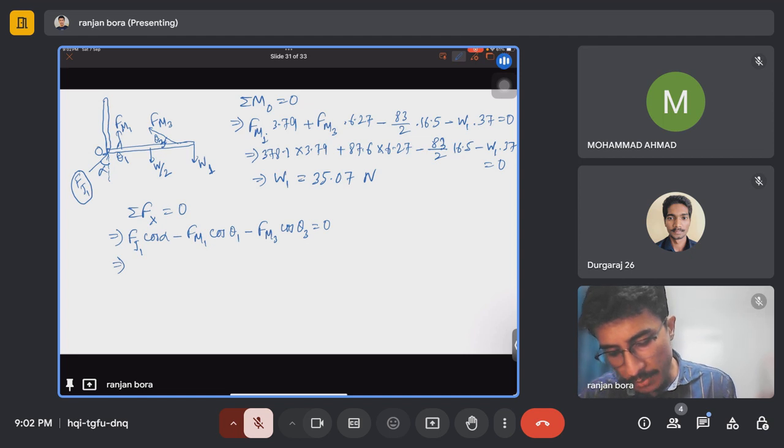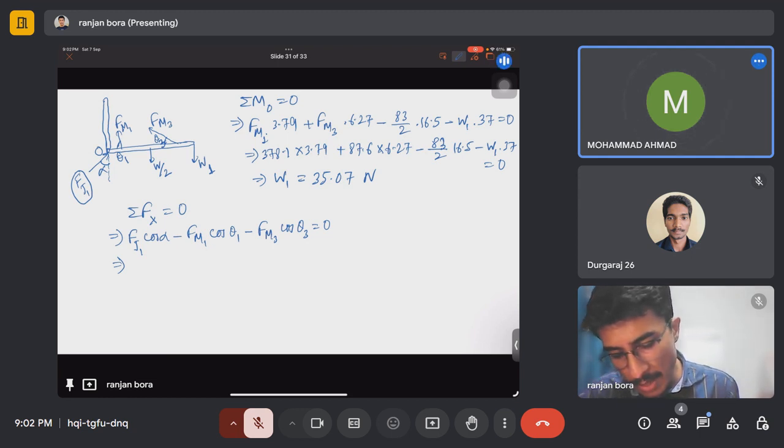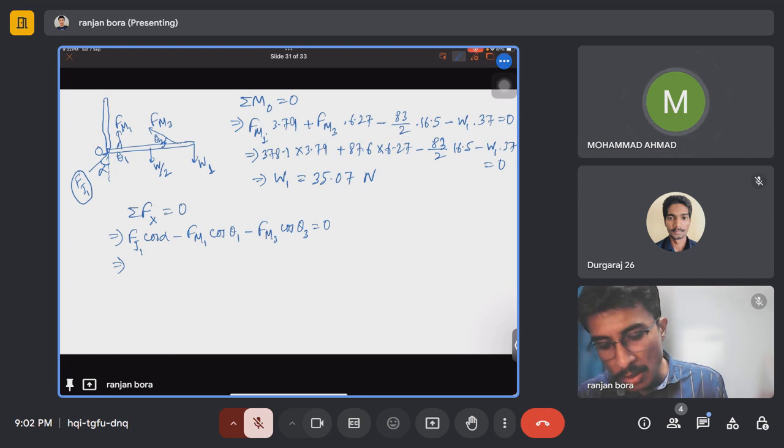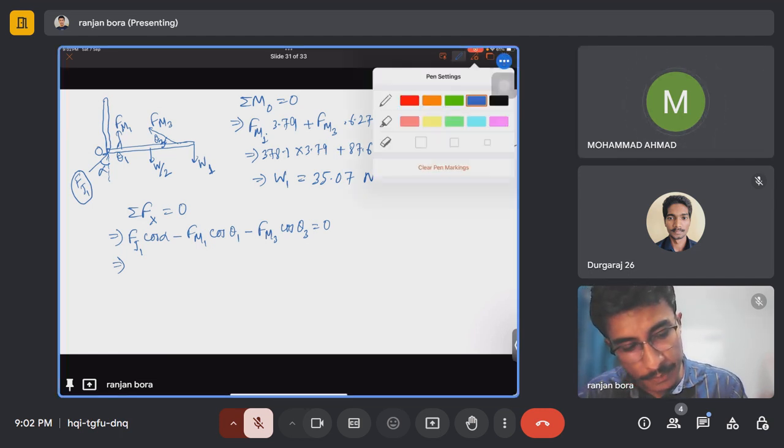These angles, theta 1 and theta 3, were known to us. So here we have two unknowns. FJ1. No, we are taking the horizontal. Sorry, okay. This will be, yeah, sorry.